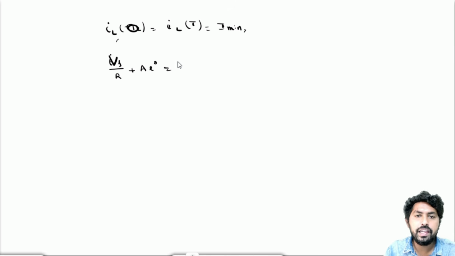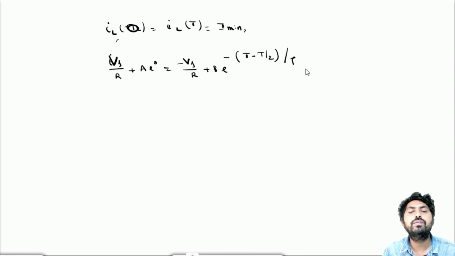So I of T equal to, in this case, Vs by R minus Vs by R plus B into e power minus T by 2 divided by tau, and both are equal. Let me call it the fourth equation.